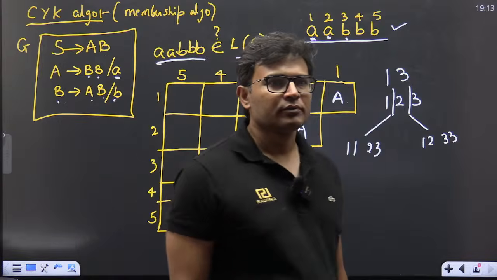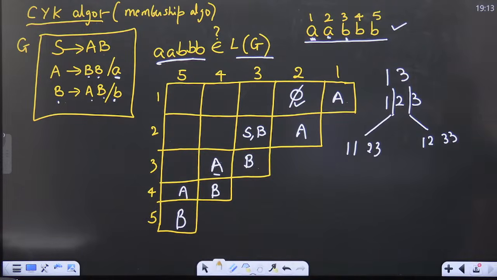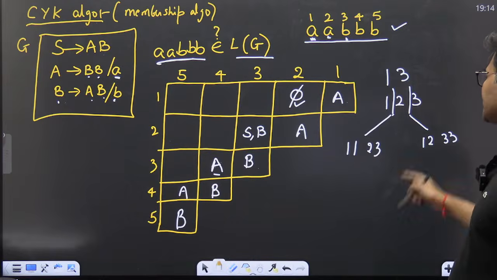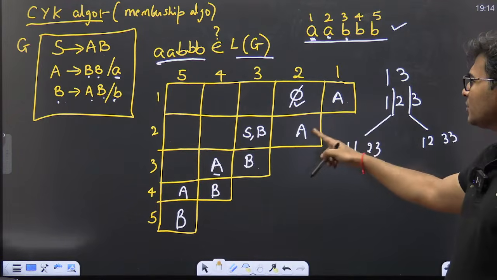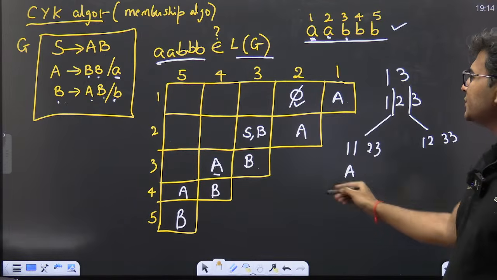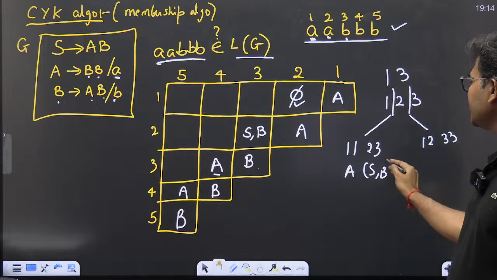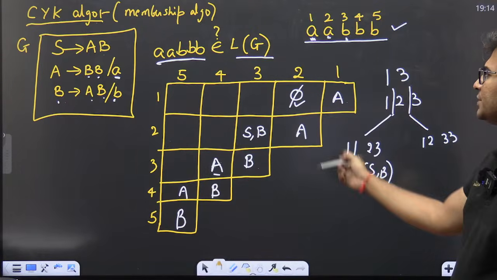Right? So what is this and what is this? Let's find out. What is 1, 1? 1, 1 is A, and 2, 3 is SB.